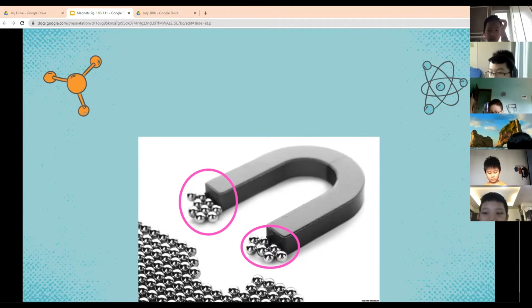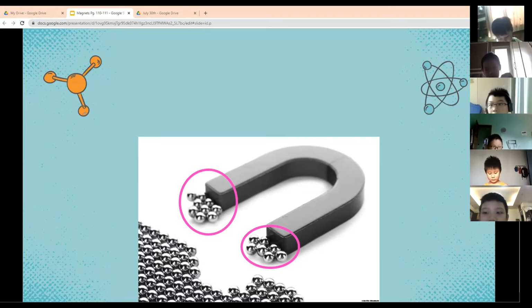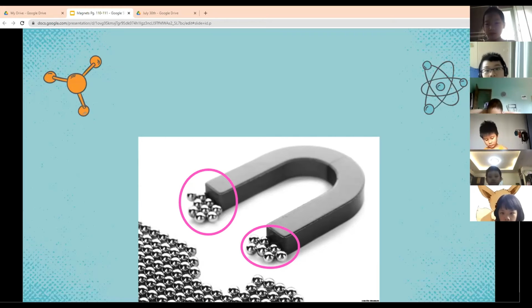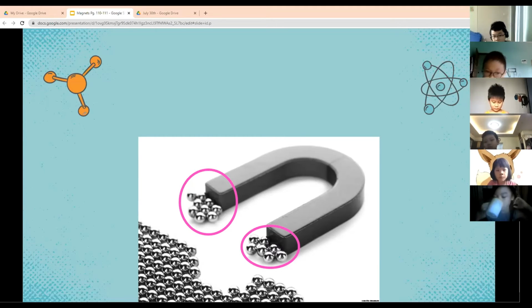Yeah, it got pulled. The poles are pulling on it. Sarah, what happened to the metal balls? The magnet pulls the ball. Yeah, exactly. They pull the ball. It attracts. Remember the word attracts, Sarah.